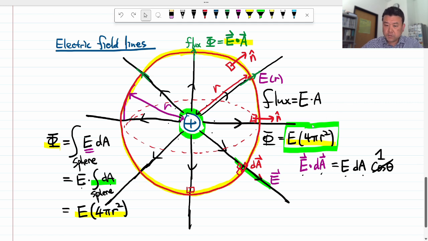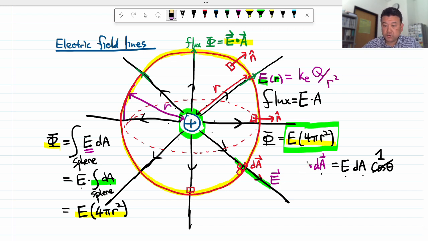The electric flux we calculated before might make it look like the flux depends on radius r, because the flux is equal to E times 4 pi r squared. But this electric field E is a function of distance r, according to Coulomb's law. E is equal to Coulomb constant times Q, the amount of charge, divided by r squared.